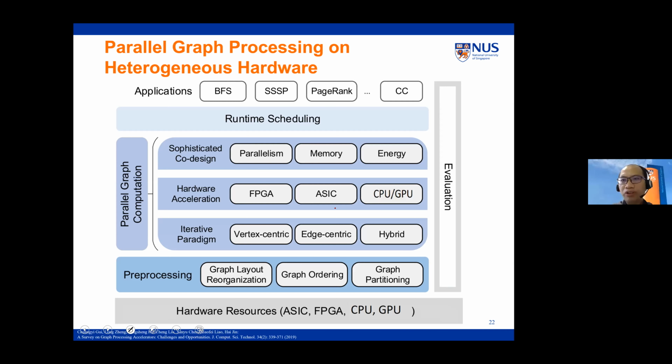Singapore has a big port, and they are trying to deploy autonomous vehicles there. So real-time route planning becomes a very important task for them. So they model it as a graph processing problem. So this is the application level. And then we abstract them into building blocks, as we mentioned here: BFS, shortest path, PageRank, community detection, and so on. So we expect we have some common building blocks.